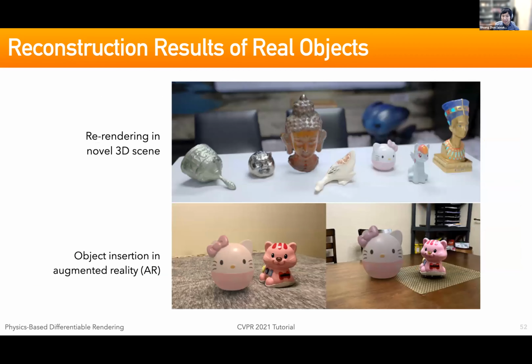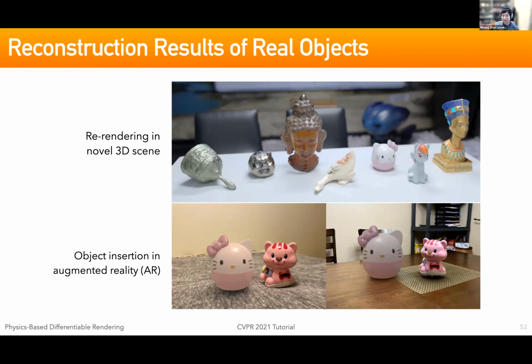And because we used mesh-based standard representations, the reconstruction results can be easily used in different applications. Here we show two of them. First, of course, you can import those models into a Blender scene or any 3D modeling software so that you can model a virtual scene using them. The second application that we demonstrated here is object insertion in augmented reality.